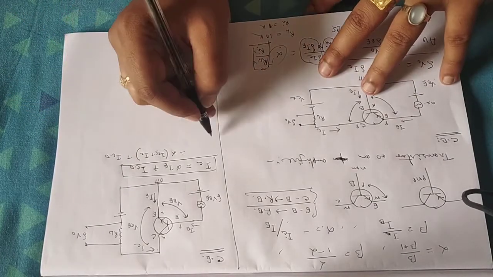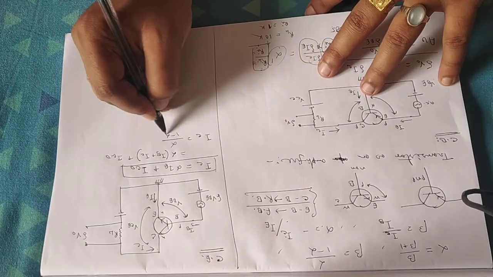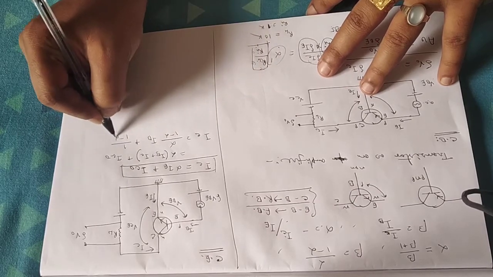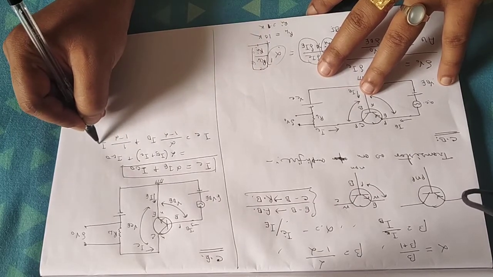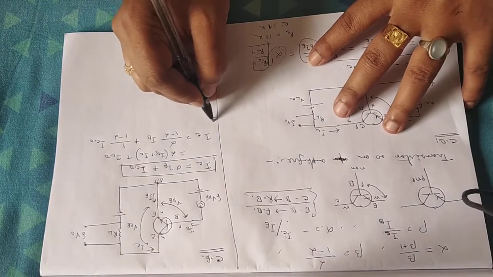Now take all IC on one side, so you can write IC equals alpha by 1 minus alpha into IB plus 1 by 1 minus alpha into ICO. Now consider a small change in the value of IC.